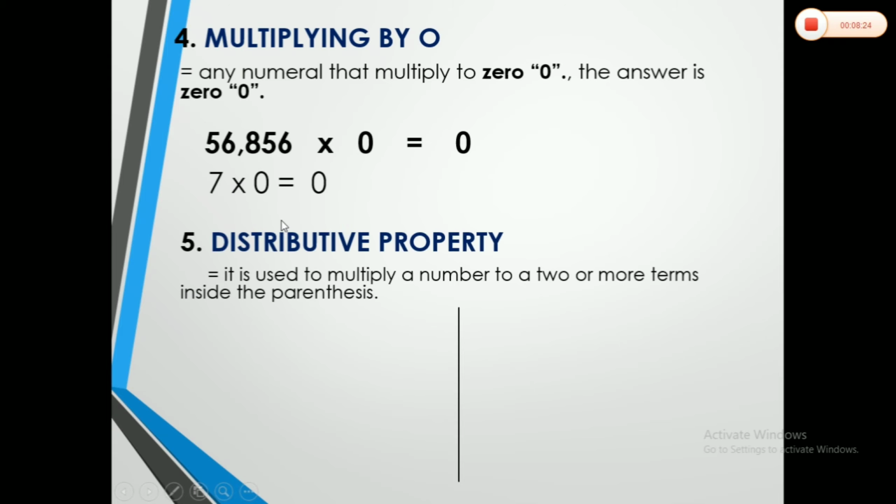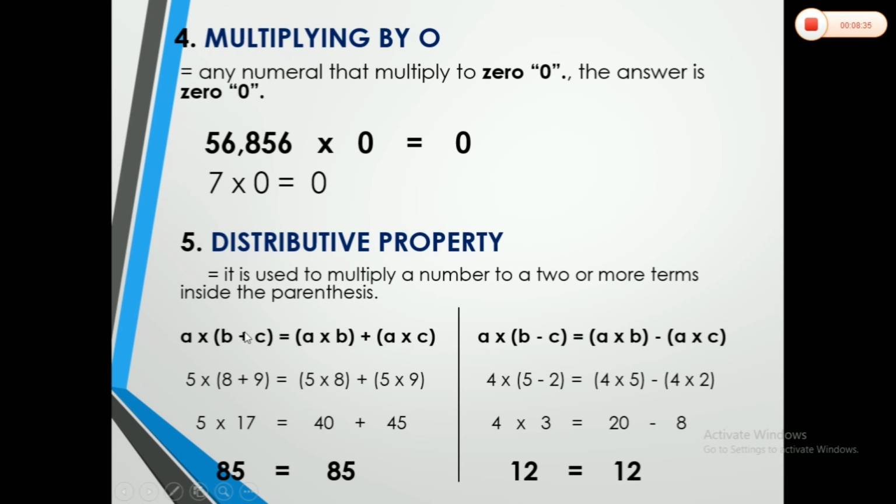The fifth one we call distributive property. It means it is used to multiply a number to 2 or more terms inside the parentheses. So this one, a number outside can be multiplied to each term inside the parentheses.